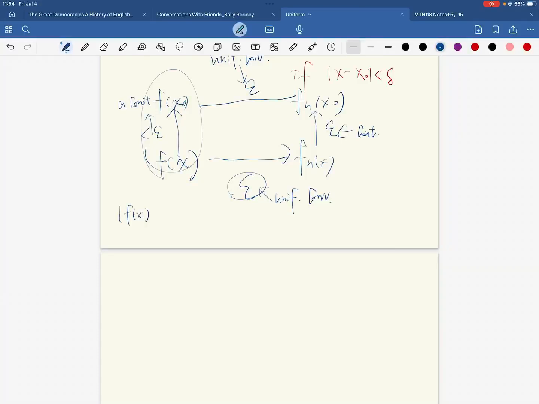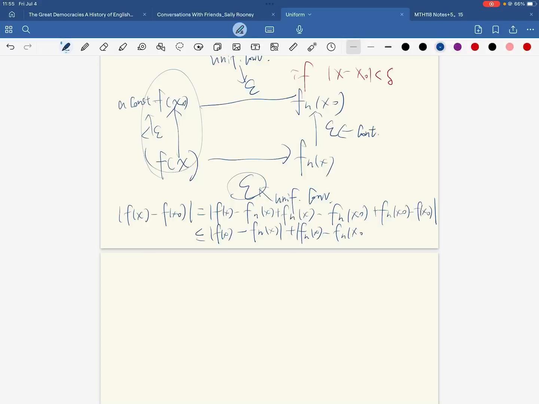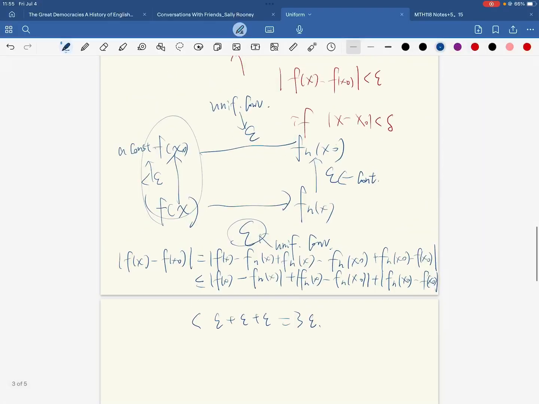So we just write it out, and we finish our proof.